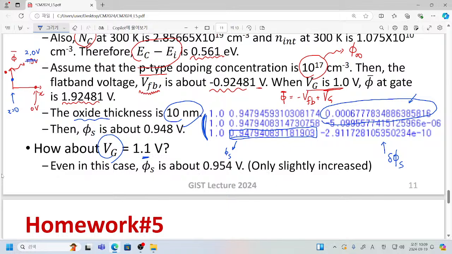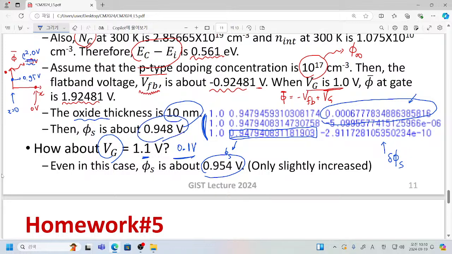Previously, when it was 1.9, the value was 0.95 volt. And now, when you increase it to 2.0, how does it look? Although you have increased the gate voltage by 0.1 volt, please have a look at the difference in surface potential.